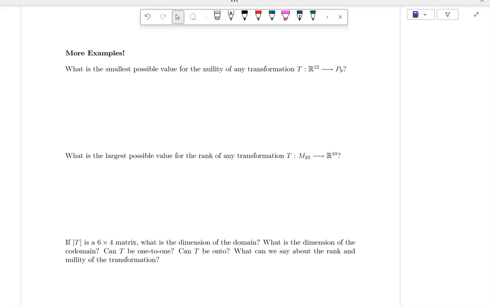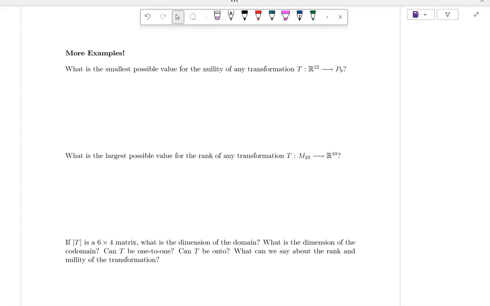So if we were creating the standard matrix for this transformation, what would be the size of that standard matrix? It would be a 10 by 12, right? If you row reduce a 10 by 12 matrix, at least how many pivotless columns do you have to have? 2, right? So going back to this question now, what's the smallest possible value for the nullity? It'll be 2, right?